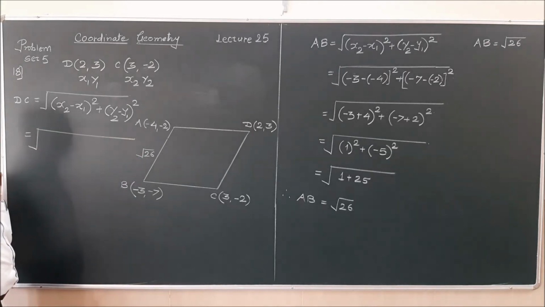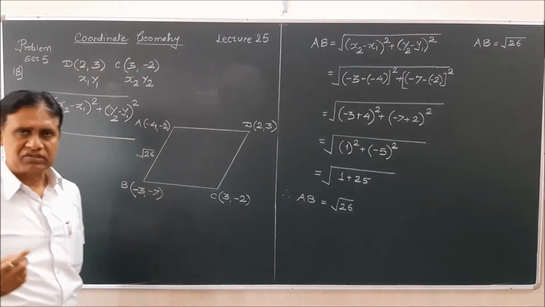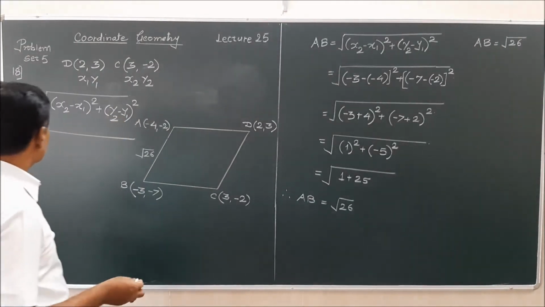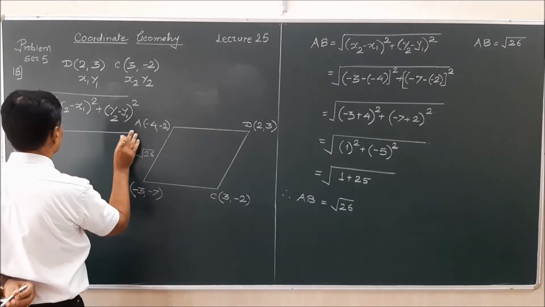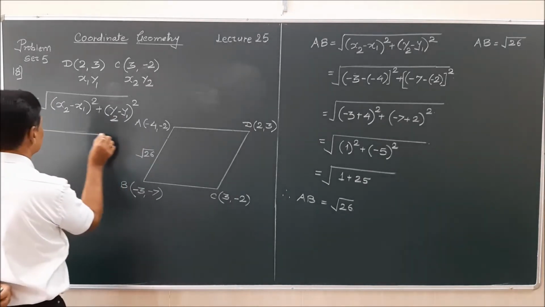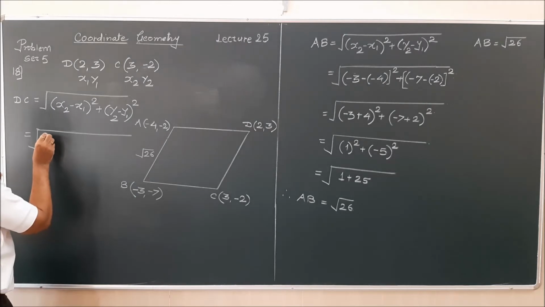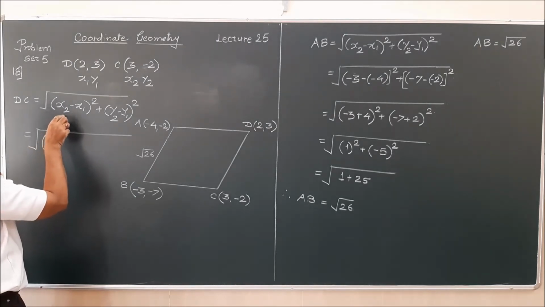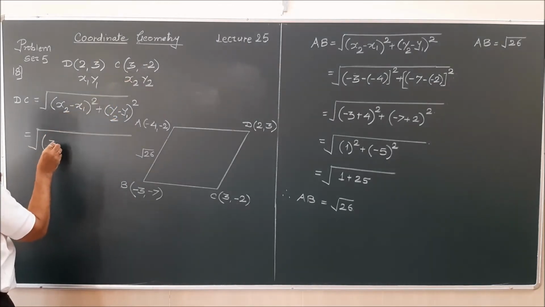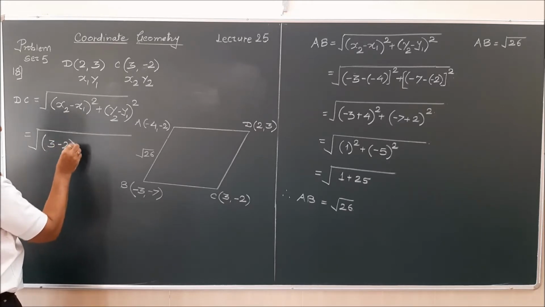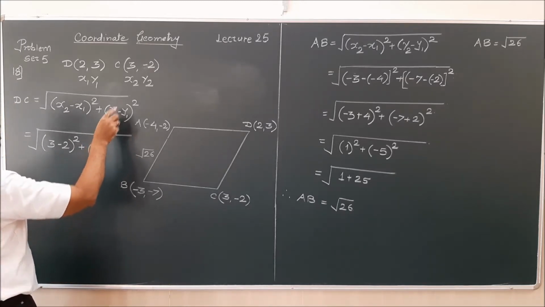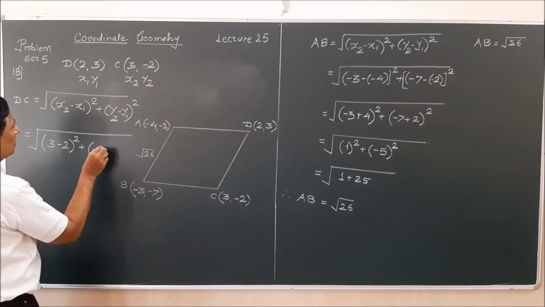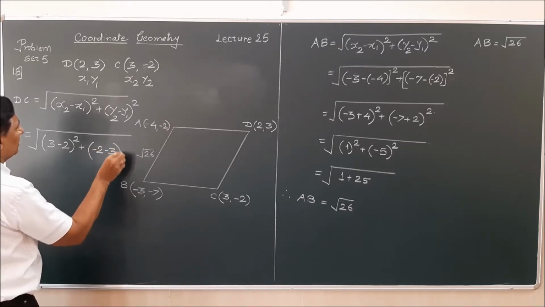Next step is to substitute the values. The value of x2 is 3 minus 2, the whole square, plus y2 minus y1, where y2 is minus 2 minus 3, the whole square.